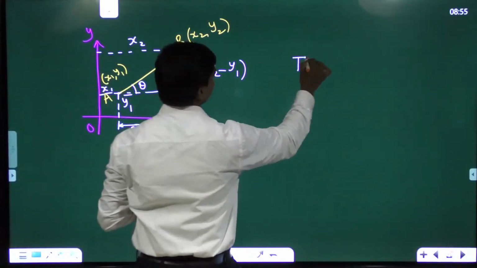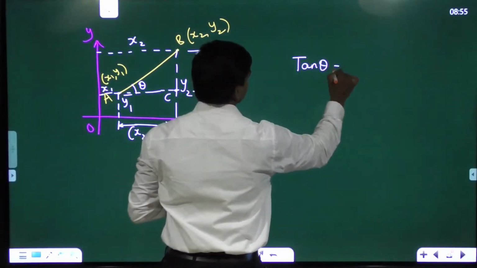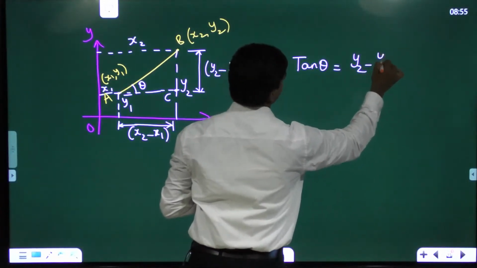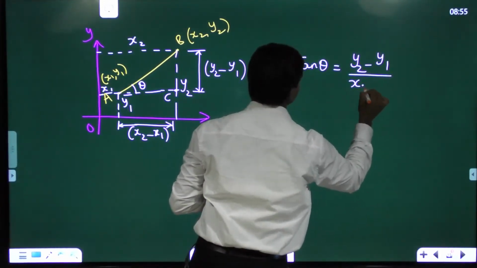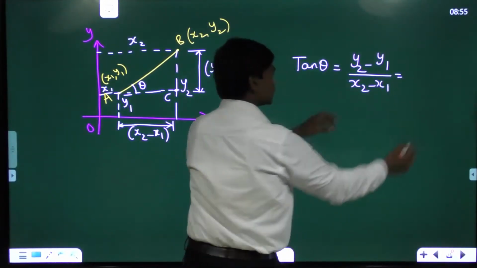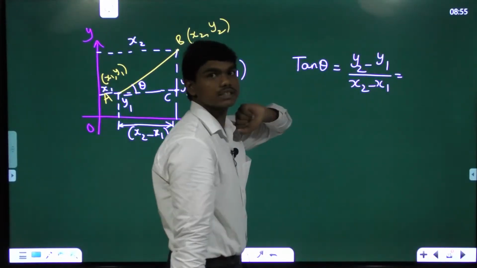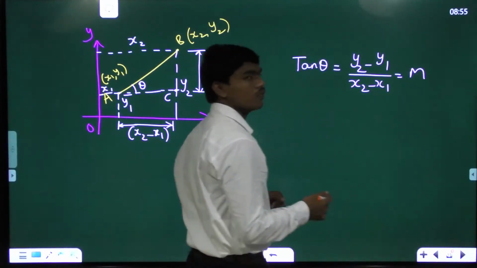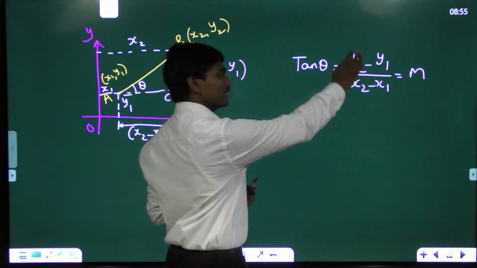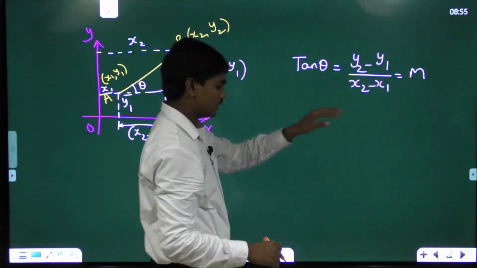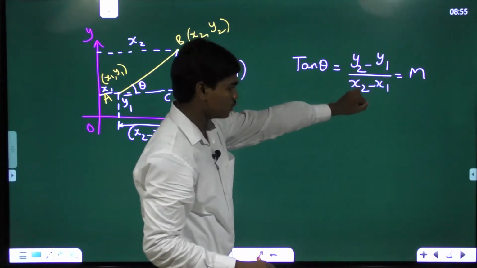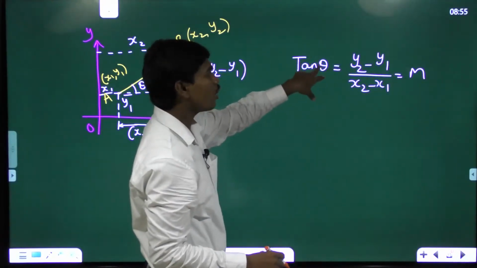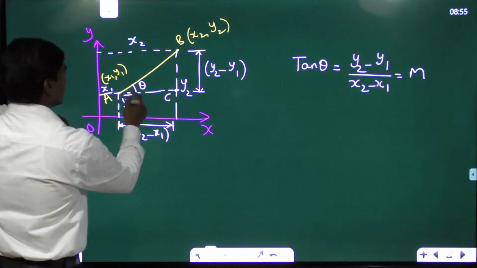So tan theta is equal to y2 minus y1 divided by x2 minus x1, and this is the formula which many of you wrote when I asked you for the formula for slope, and this is slope which is denoted by m of a straight line. This value y2 minus y1 divided by x2 minus x1 is nothing but the tan of this theta, where theta is the angle here.